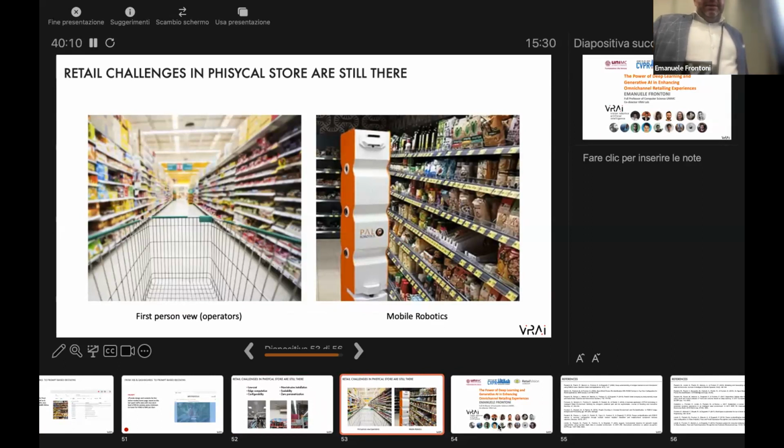The other one is the connection that we have with PAL Robotics. This is a quite famous European brand in mobile robotics. And we are now working together to put all the cameras that we need inside the robot that is moving around, because it's almost impossible to have cameras everywhere in every store for every need.